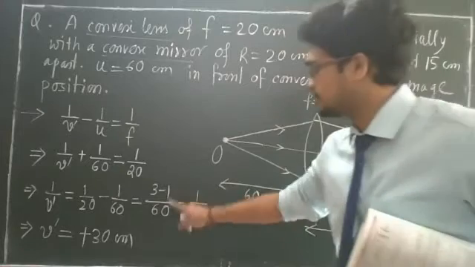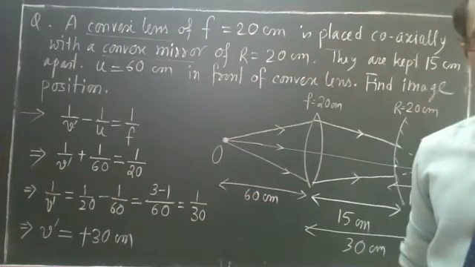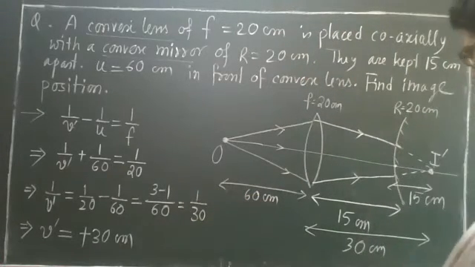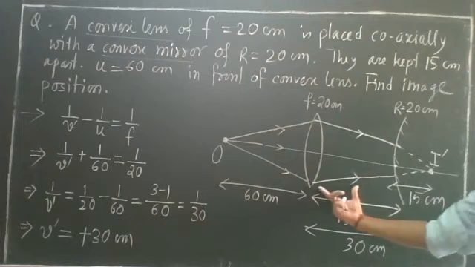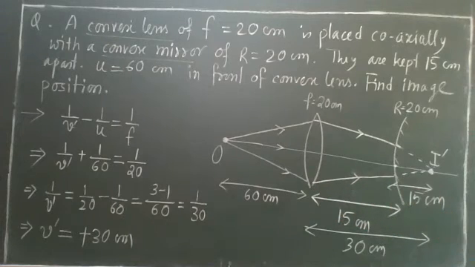So this separation is 15, so this distance will be 15. Now this point, which is a virtual image, is the virtual object for this mirror. This is the object distance for this convex mirror.